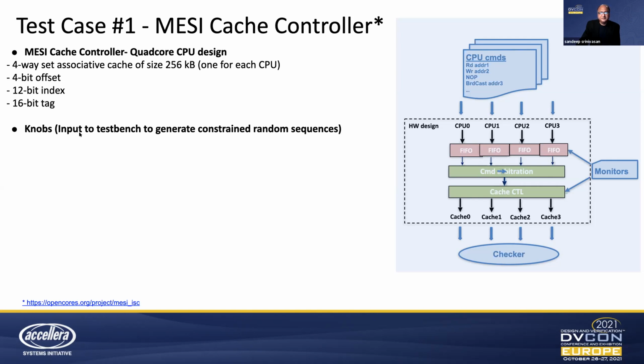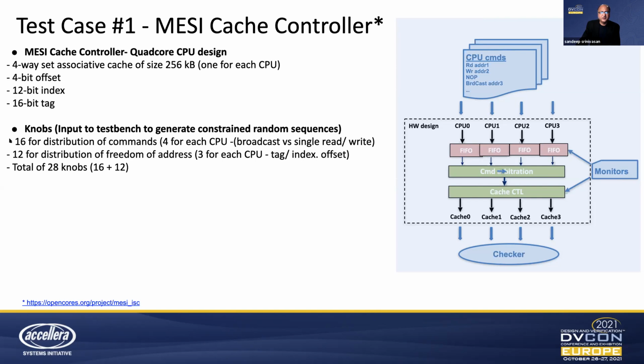So the knobs, which are the inputs to this test bench to generate constrained random sequences, are the following. There were 16 knobs for distribution of commands, 4 for each CPU, and the commands look like broadcast read, broadcast write, read, write, no op.